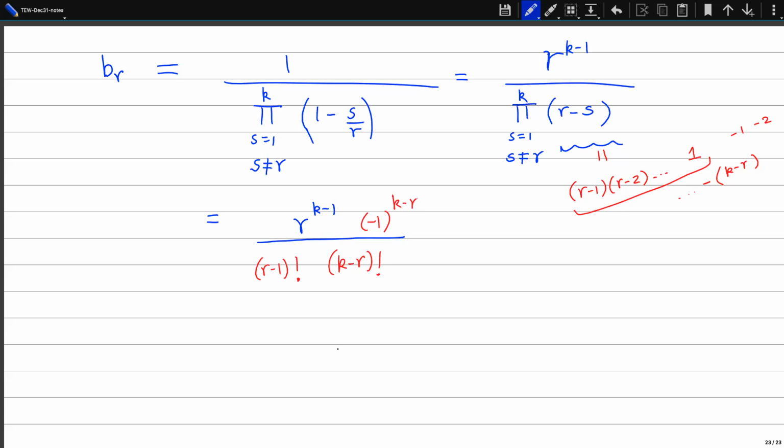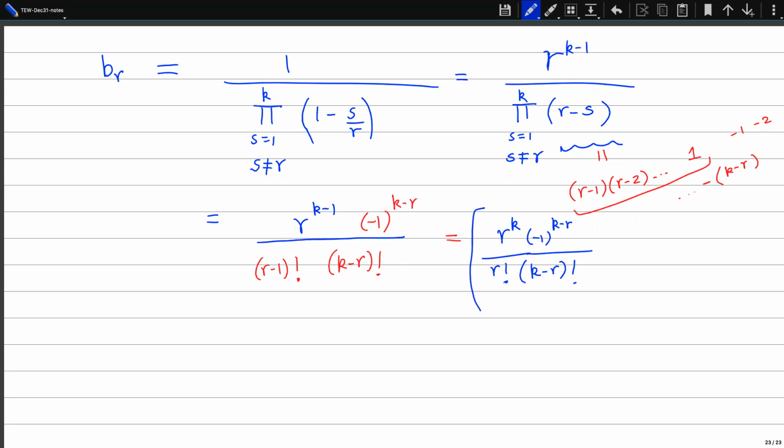To make it look a little more like our nCr, I'll put one additional factor of r on numerator and denominator. So let's simplify this to r power k by r factorial on the bottom, k minus r factorial, then minus 1 power k minus r. So that's the value of the constant here.